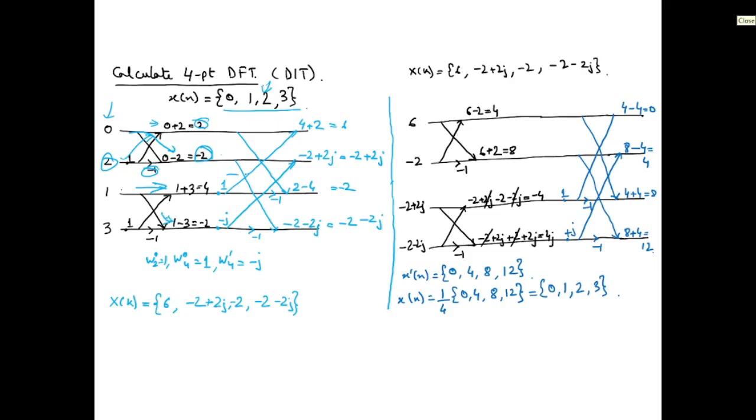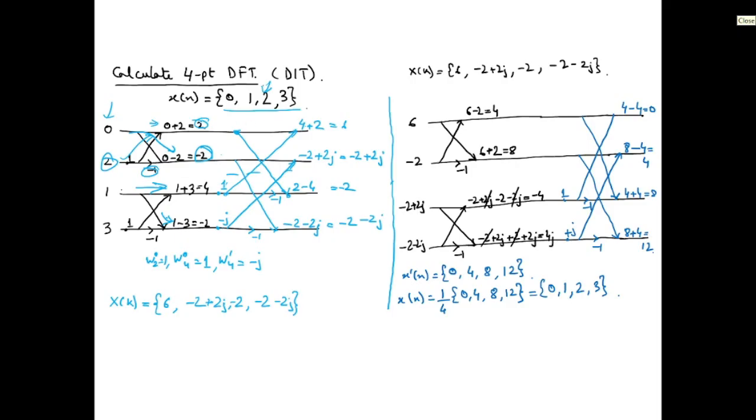Then again, this is the midline. Information flow is from top line to top line, and again bottom line to bottom line. And this is W04, this is W14, so 1 and minus j.